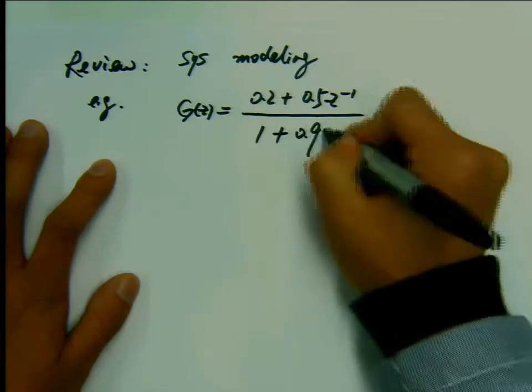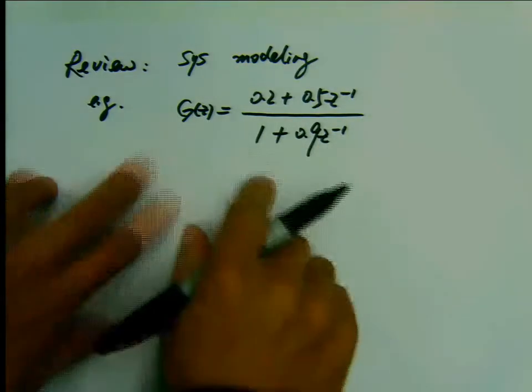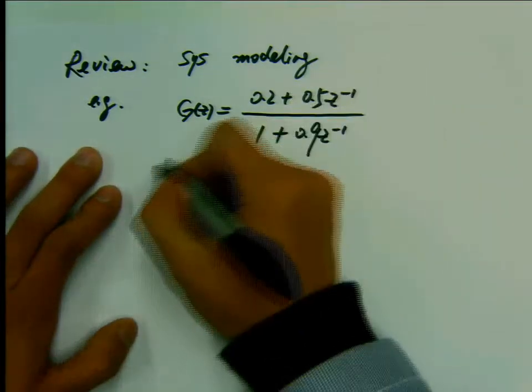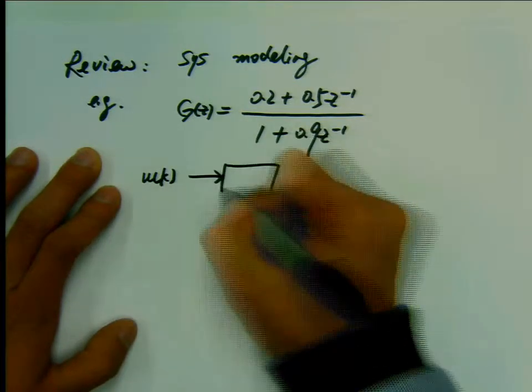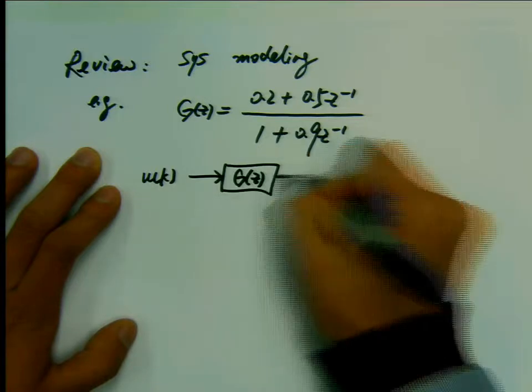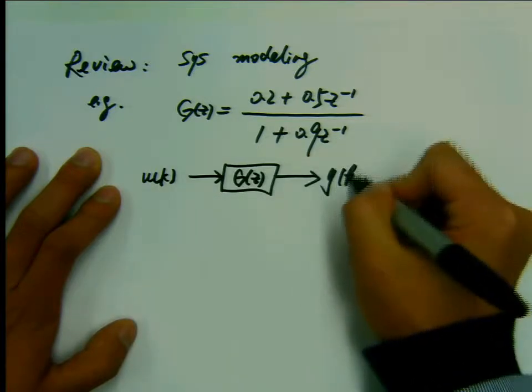When we say the transfer function of the system looks like this, and then we have input, let's say uk, going into the system, and I get an output, yk.